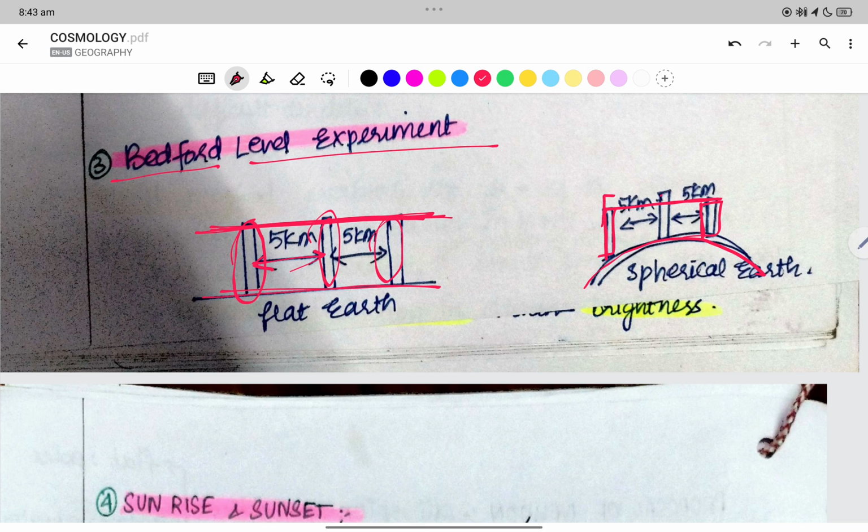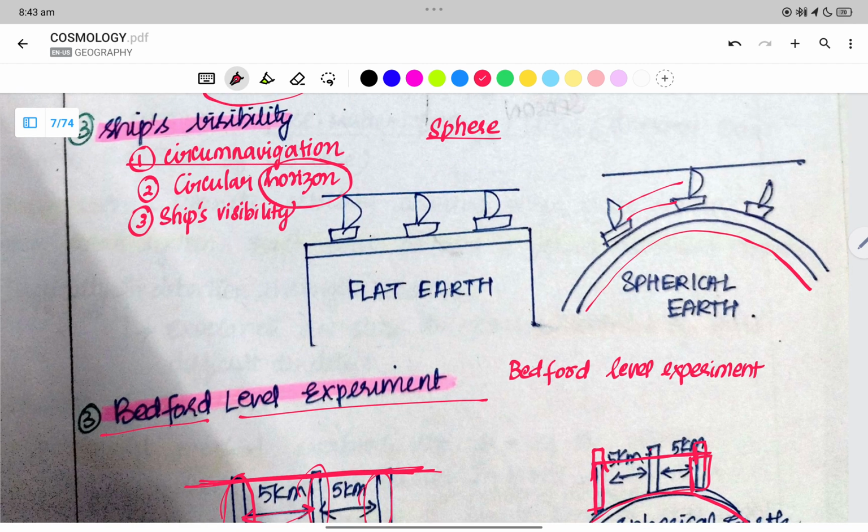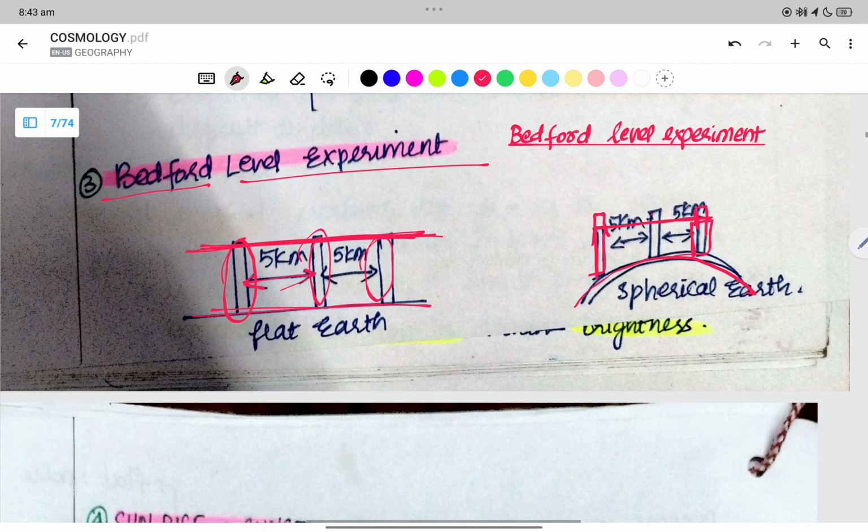So you have to adjust the height of the poles. This is what we call Bedford leveling, right? Bedford level experiment. So far we have seen 4 topics: circumnavigation, circular horizon, ship's visibility, Bedford level experiment.